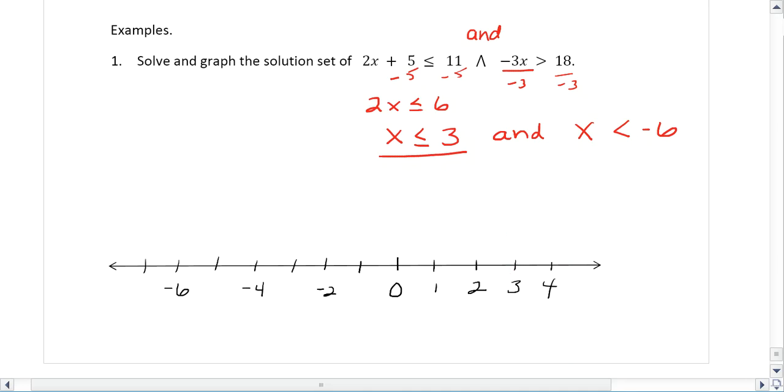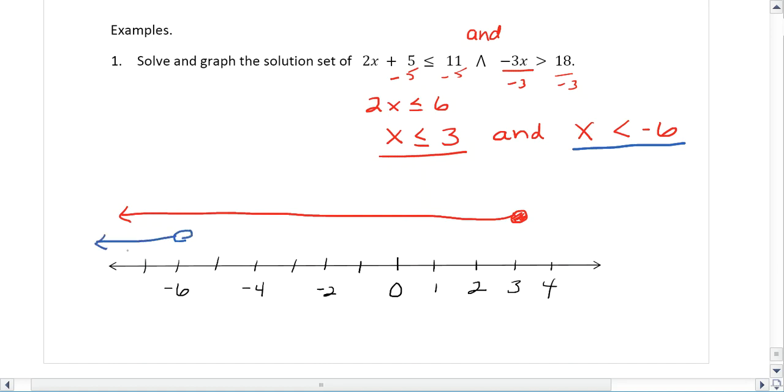If x is less than or equal to 3, we need a closed circle on the 3, and less than would be an arrow going to the left. Now let's graph the other inequality in blue. If x is less than -6, we need an open circle on -6, and less than is an arrow going to the left. Now we look at the overlap.